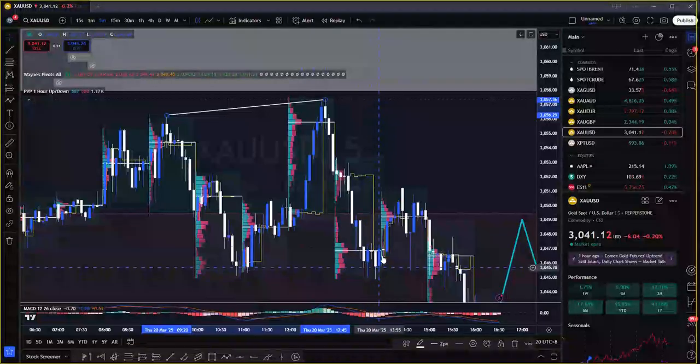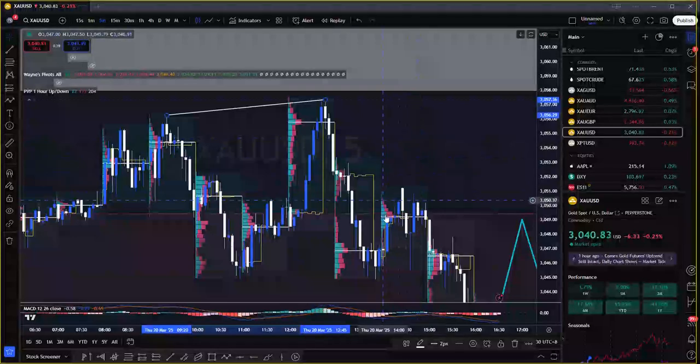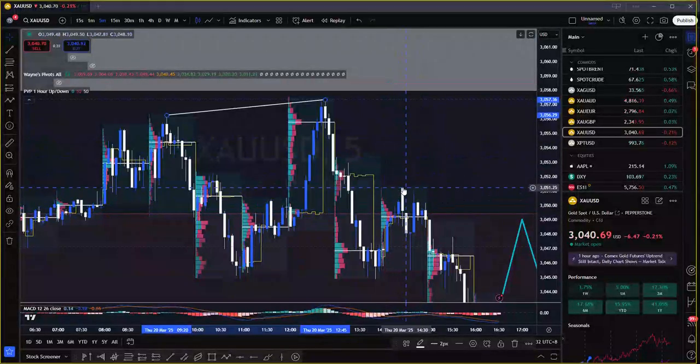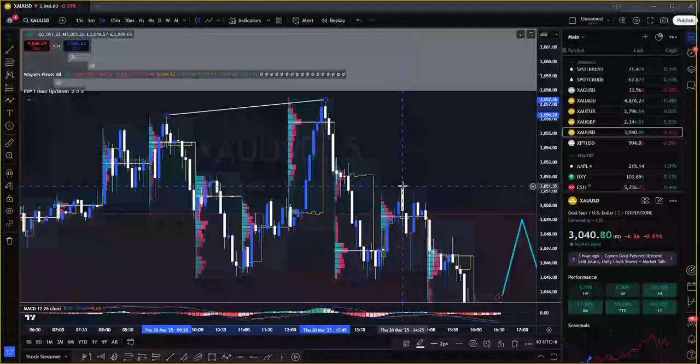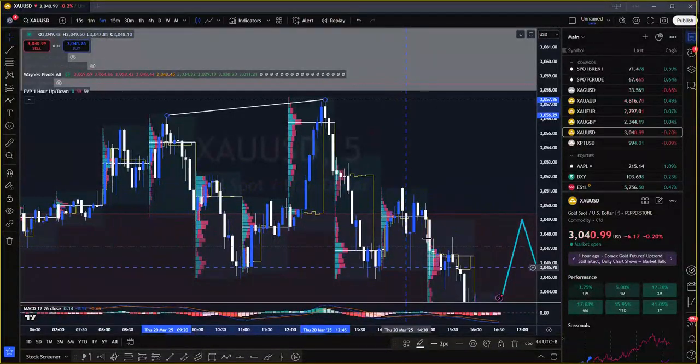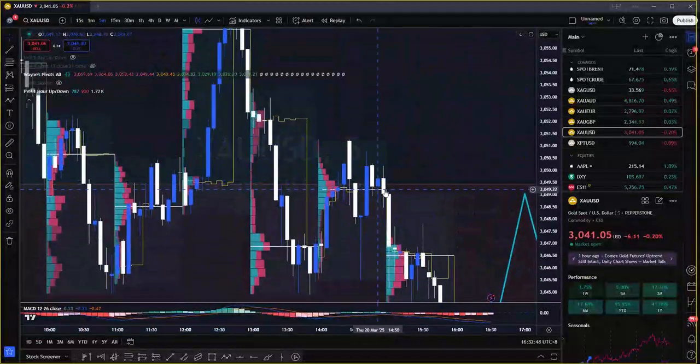So you can see that as price comes back up into this area, you're going to find more and more resistance, or lesser and lesser buying power to push price up higher. Once we find the area in which sellers are not willing to offer at a higher price, right? They're taking all the bids up in this area. And as it comes down, you want to look at the highest volume area.